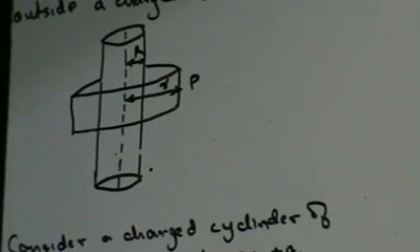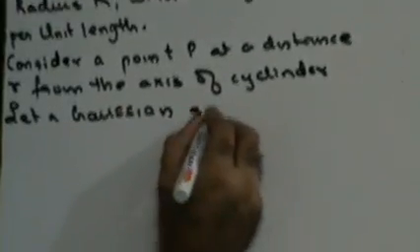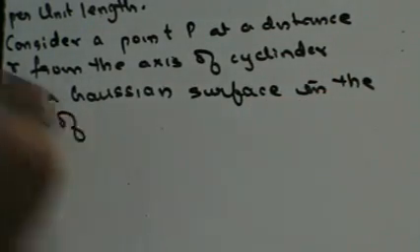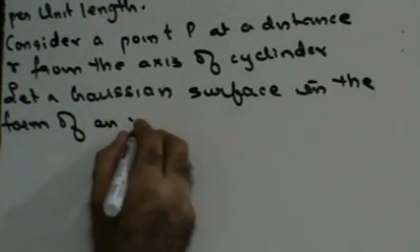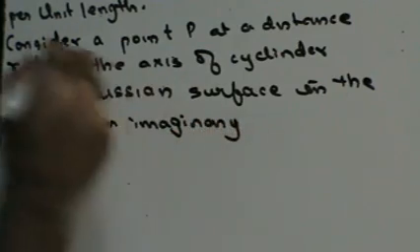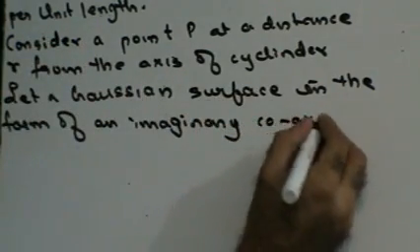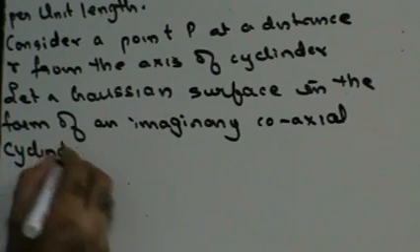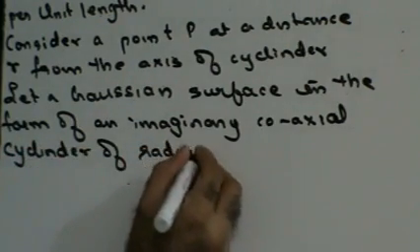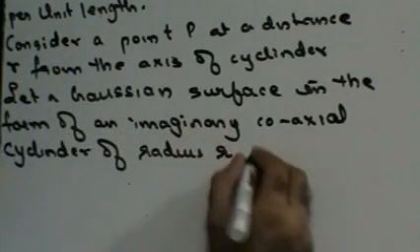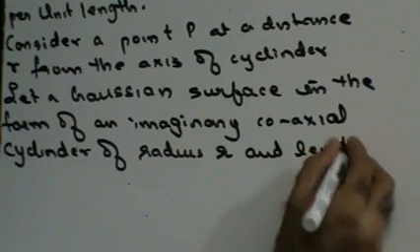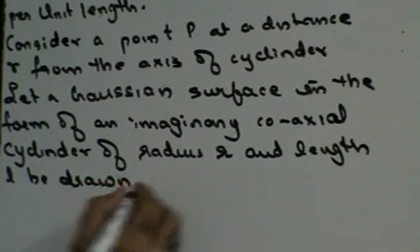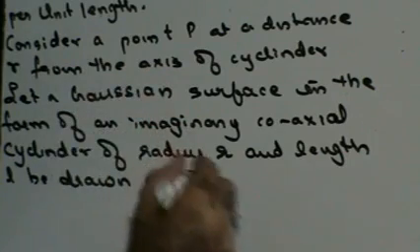Right? So let a Gaussian surface in the form of an imaginary coaxial cylinder of radius r and length L be drawn around cylinder AB.